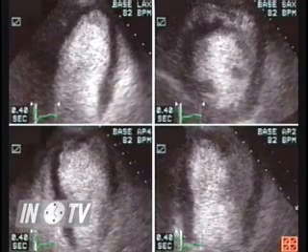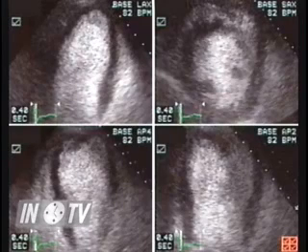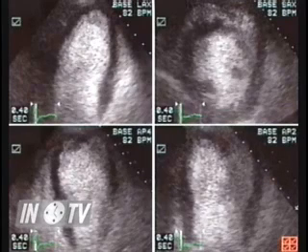So we actually colorize the blood flow with little teeny bubbles of air. There's a contrast agent that you inject in a patient. It intersperses within the blood pool, and it goes to the heart, because all blood eventually gets to the heart.